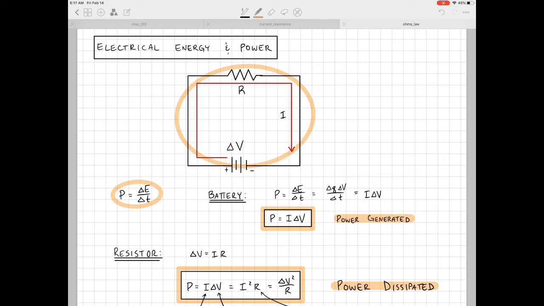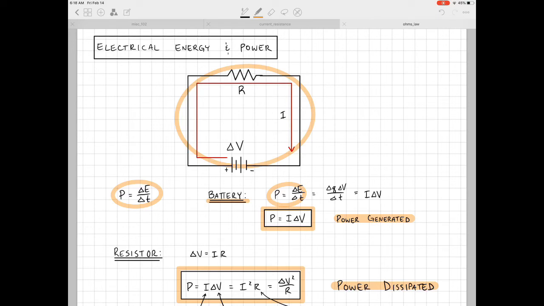So in a battery, the power, right, this definition, we can think of the energy that's associated with our charges moving through the circuit. That energy is essentially potential energy.